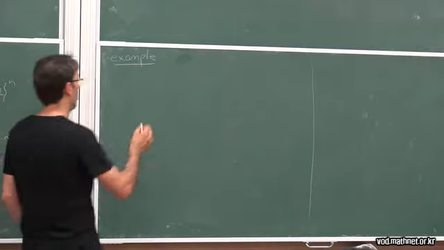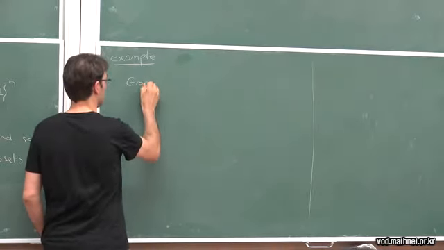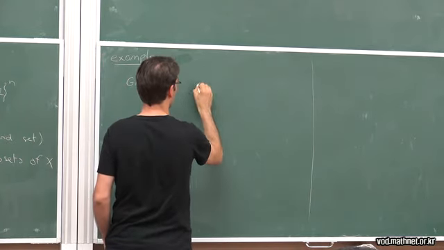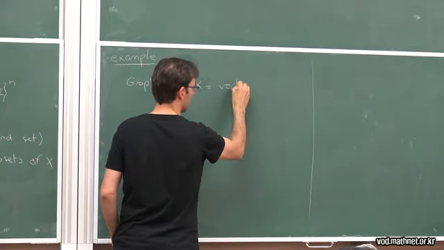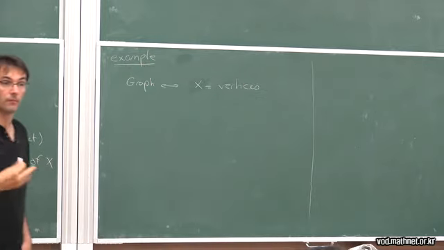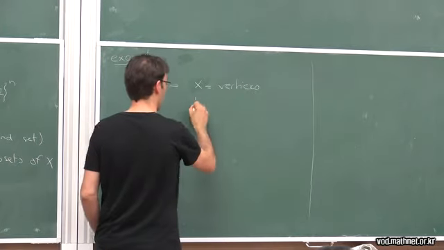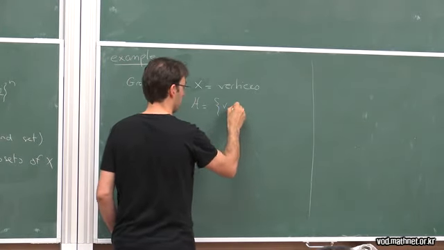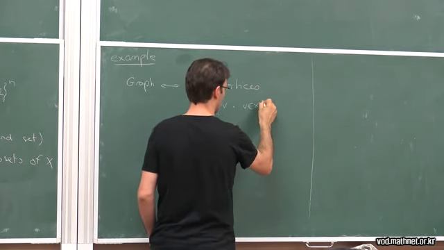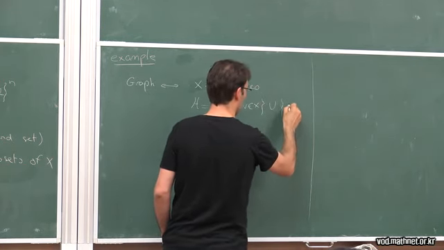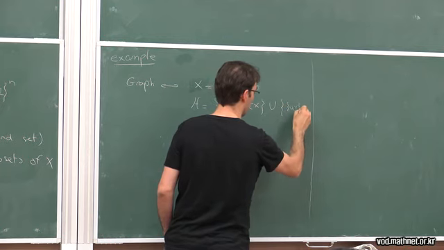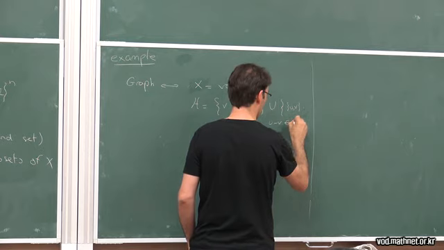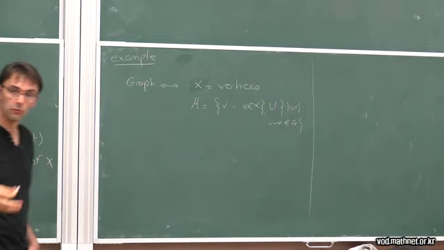So the ground set is the set of vertices, and now your H is all v in X, union all uv, where these two form an edge in your graph. Okay, so singletons and pairs.